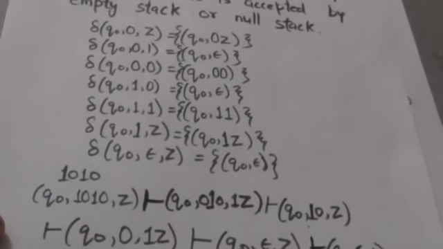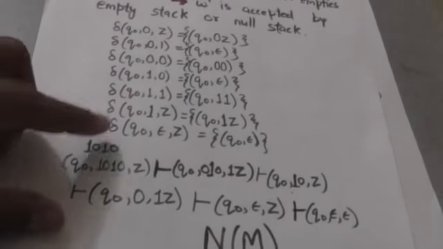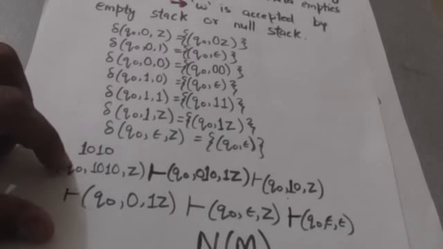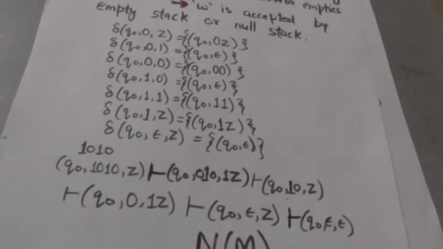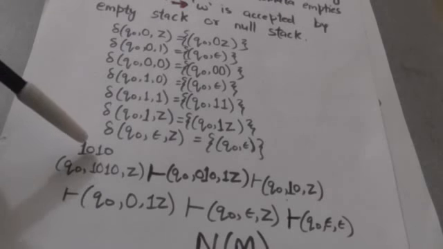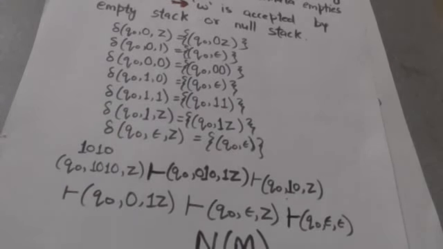This is the initial configuration of Pushdown Automata. Q0 is the initial state and the string which it has to read is 1010, and Z is the stack start symbol.